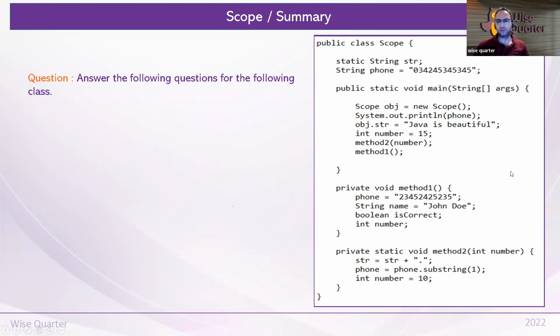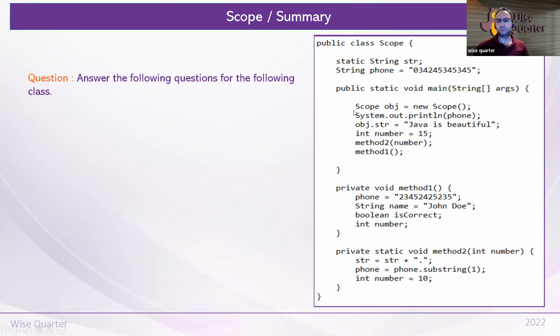This is the main method, starting and ending here. We have a private method. Don't worry about the private. Private means you can access it only from the same class. And we have another private static method. We have a few variables inside of them.